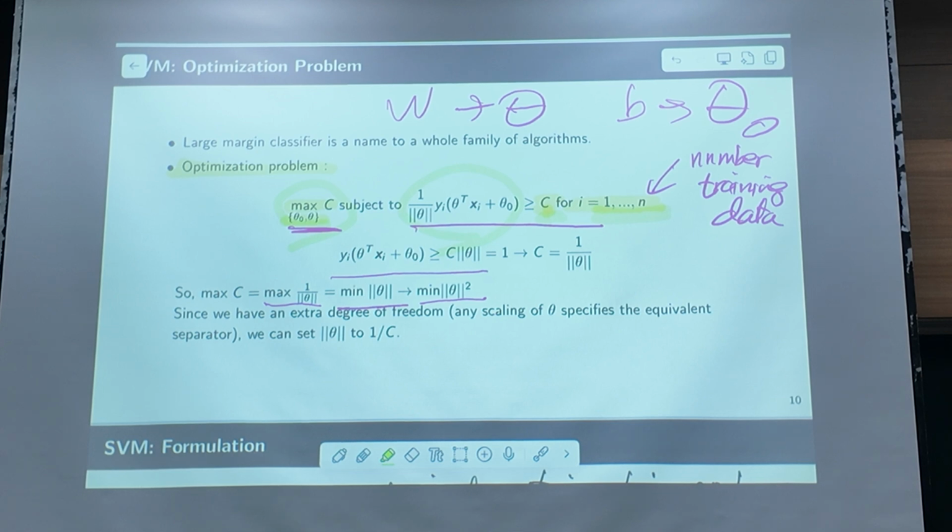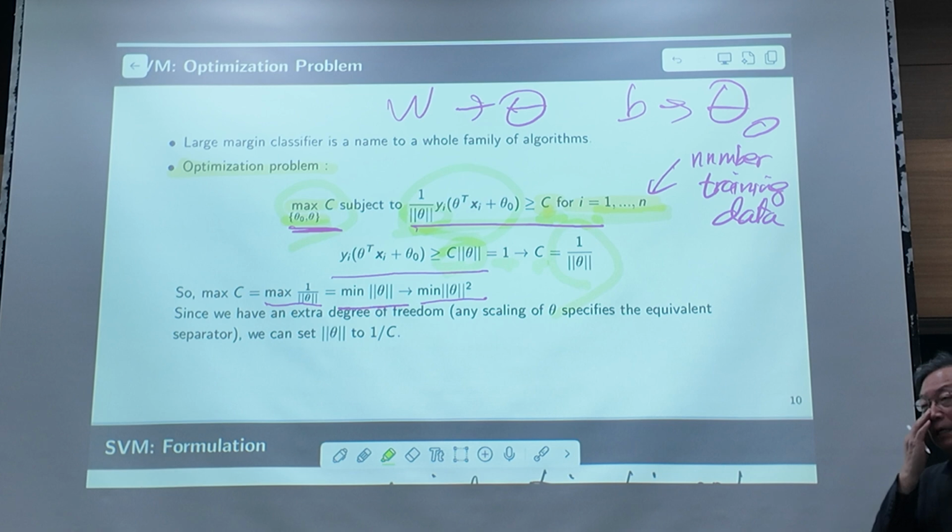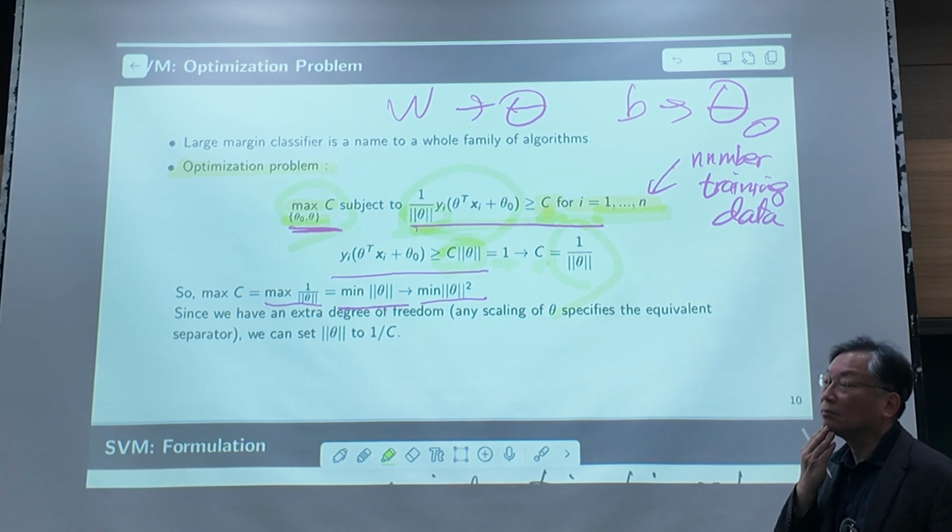We rearranged this term so that the denominator goes on to the right, and because you're multiplying two unknown parameters, we could set it equal to 1. And the C, the minimum geometric margin, will be the inverse of the norm of theta.